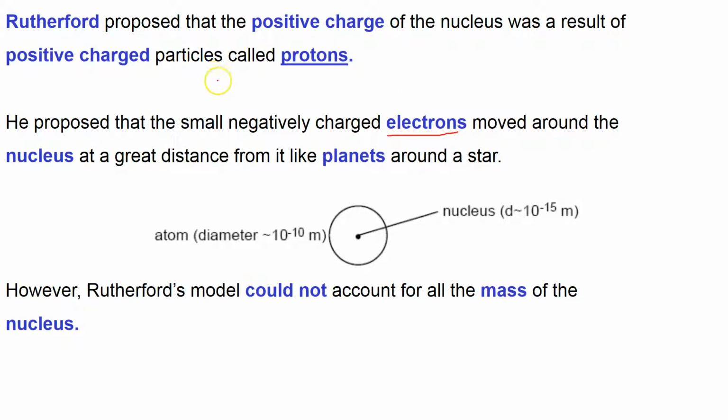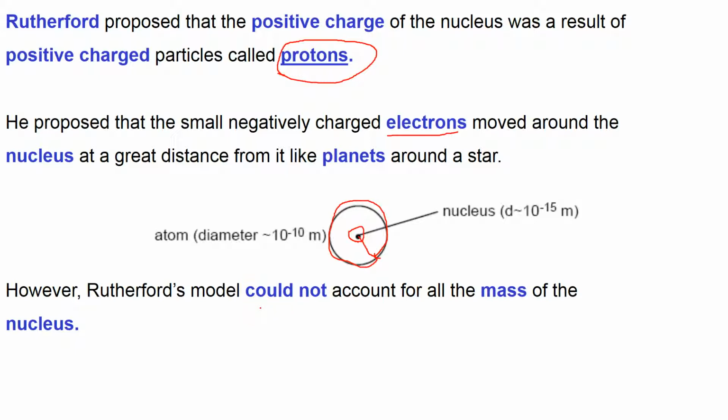So what we have now is the planetary or Rutherford model of the atom, where we have a nucleus with effectively all of the mass of the atom containing positively charged particles that are called protons. And then at great distance from this nucleus, we have these very tiny electrons that are negatively charged orbiting the nucleus like planets around a star.